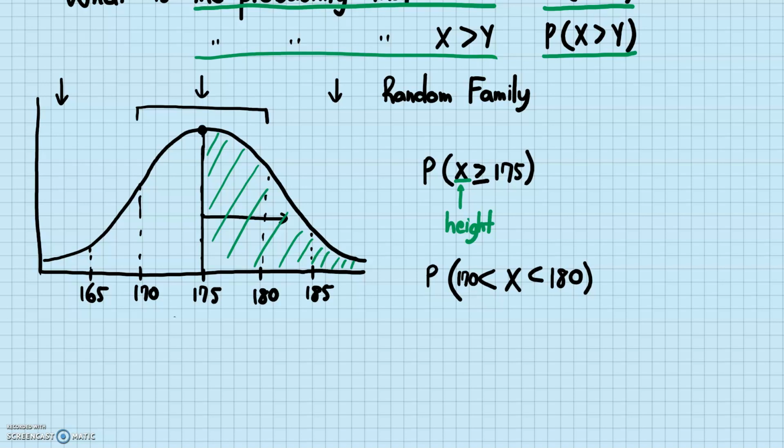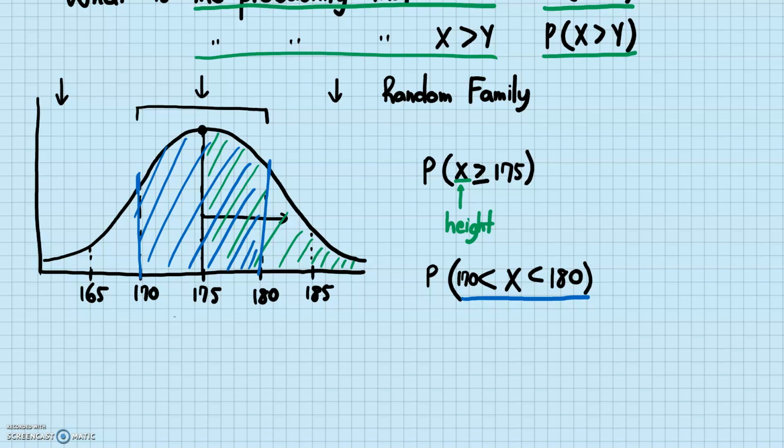So let me color code this with blue, looking at the probability that x is between 180 and 170. So 180 is right here, 170 is right here. So the probability that a given height is between 180 and 170 would be this area right here, between 180 and 170.